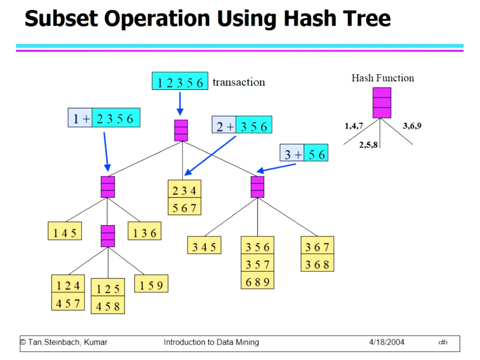Okay, so we begin with our transaction here in the root. Our transaction is in the root: 1, 2, 3, 5, 6.